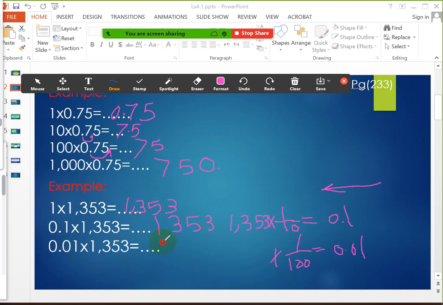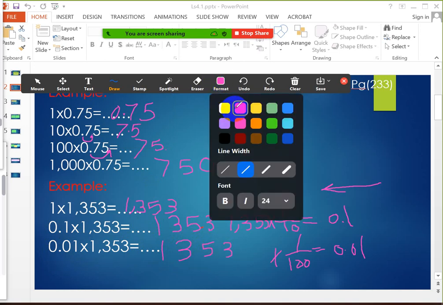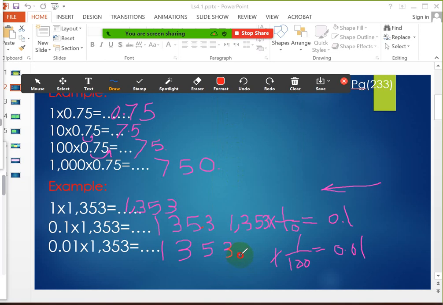So the number will be what? 1, 3, 5, and 3. The decimal point will be right here all the time. You have to move the decimal point 2 digits, so I have to move it to the left side 2 digits. So the decimal point will be right here.